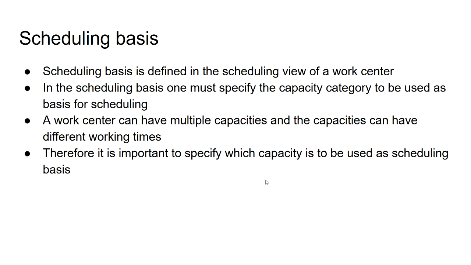So if you think of your work center, as I said, there can be various capacities available on this work center, and they can have different working times. In order for SAP to know which of those capacities should be used for scheduling, it is important to specify the scheduling basis. In that case, SAP will know, okay, this is the capacity that I use for scheduling.